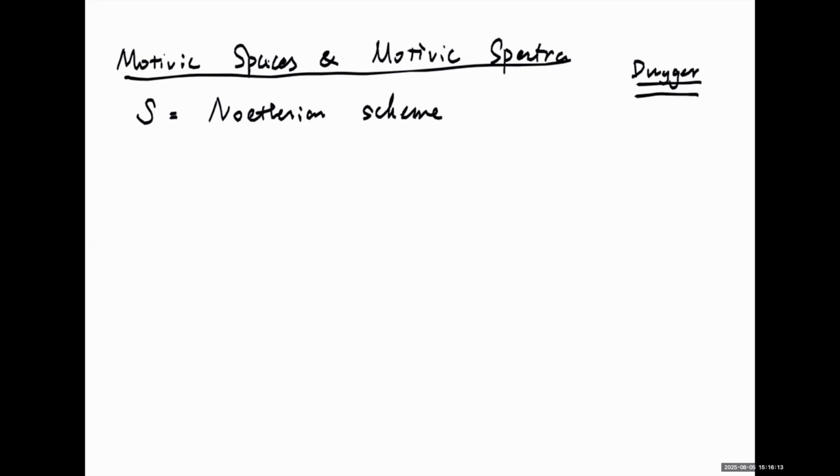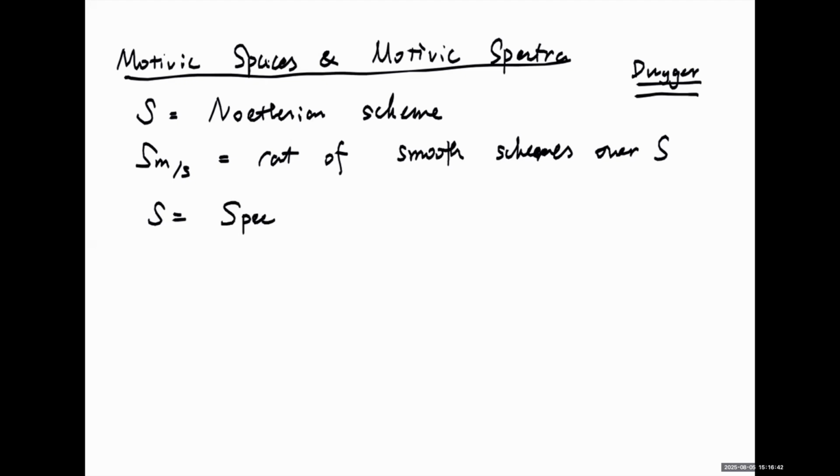This is the base scheme, and Sm over S is the category of smooth schemes over S. If you're not familiar with this, just think of S as Spec of the complex numbers, then smooth over C is sort of looking like complex manifolds.